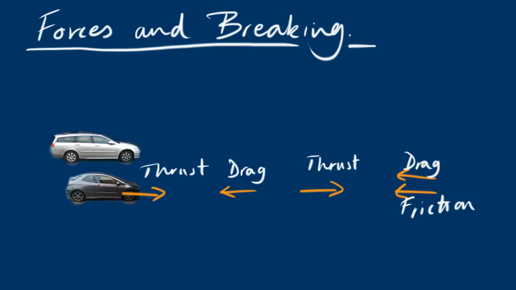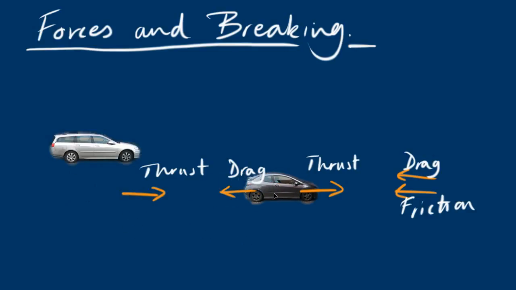Now I just want to show you, before we move on, how that is similar in a smaller car but different. In a smaller car, the situation is the same from the standing start. There's only thrust forwards, so we've got a resultant force, so the car accelerates.